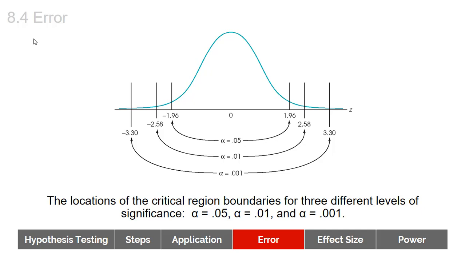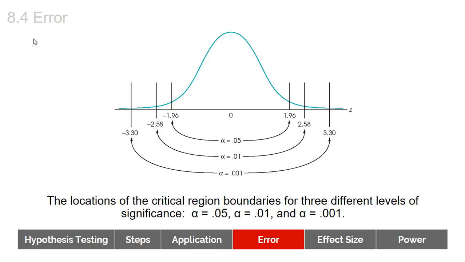So what's the effect of doing that? Well, let's take a look at the z-scores that are associated with each of the alpha levels. So for an alpha level at 0.05, the z-scores that set off the critical region, the low probability regions, are plus or minus 1.96. But if I set my alpha level at 0.01, that means that my sample mean is going to have to be greater than 2.58 or less than negative 2.58 in order for there to be statistical significance.